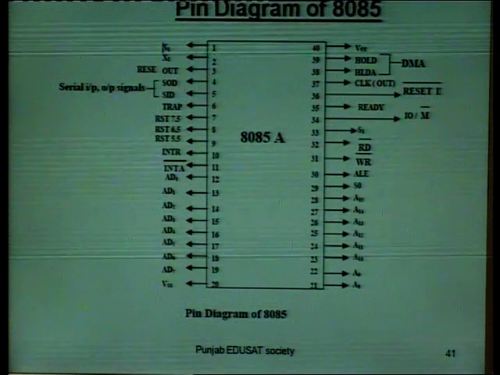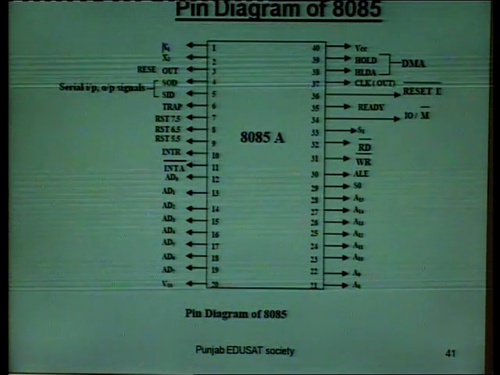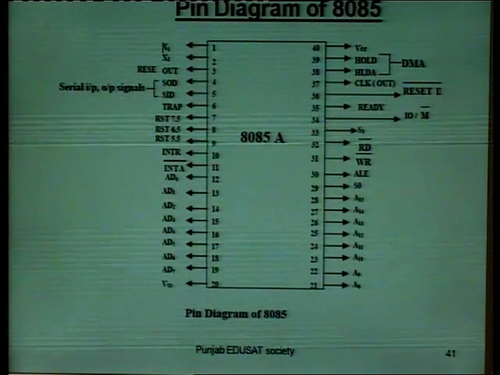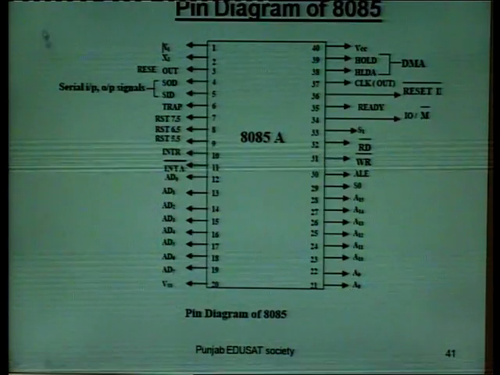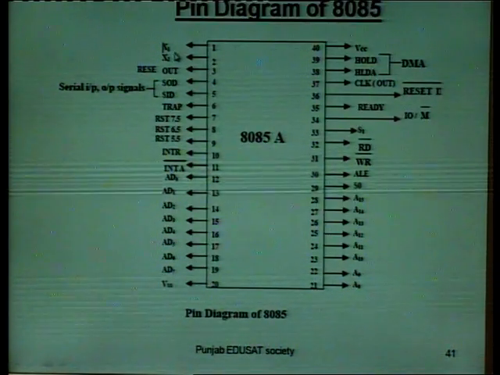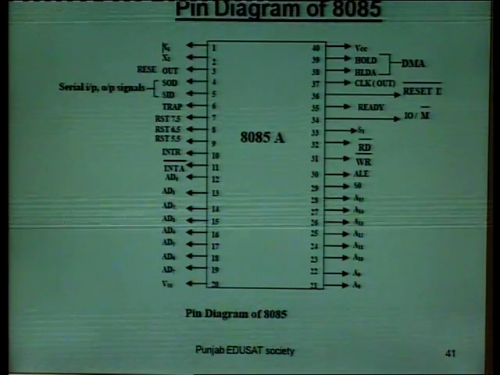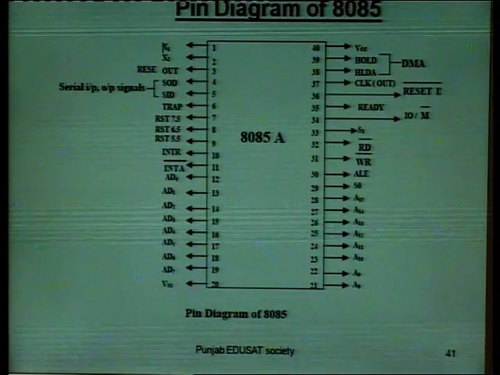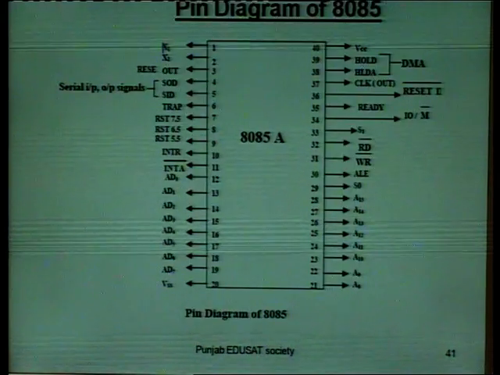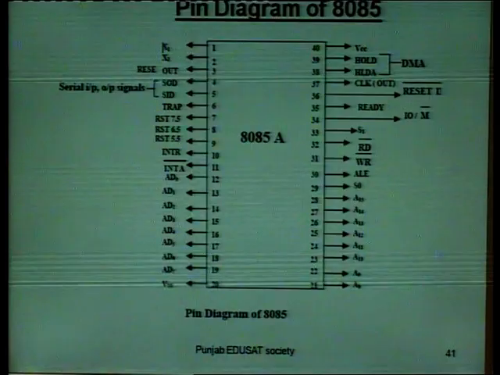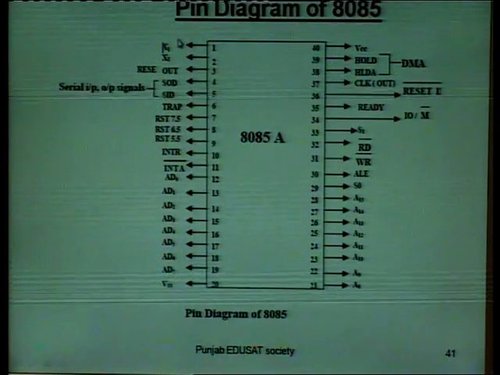These pins are used to drive internal clock generator which produces suitable clock for operation of microprocessor. Generally, a crystal oscillator of 6 megahertz frequency is used, but the operating frequency of 8085 is 3 megahertz. So, that is why it is internally divided by 2.